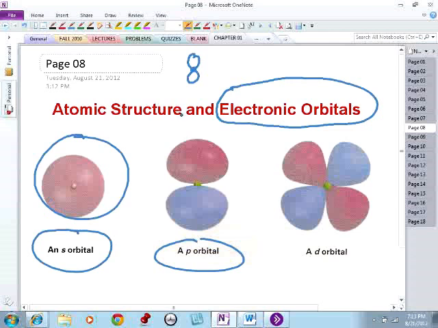Then the other orbital that is of interest to us, not so much as the s and the p orbital, is what we call the d orbital. In the d orbital you have 4 lobes. In the p orbital you have 2 lobes. This is a lobe right here and this one here.